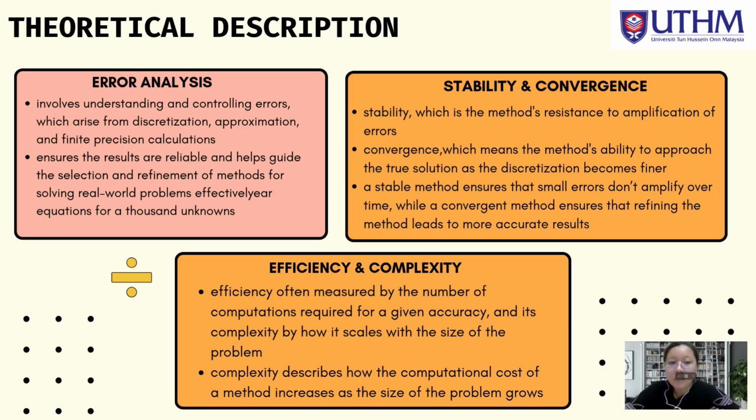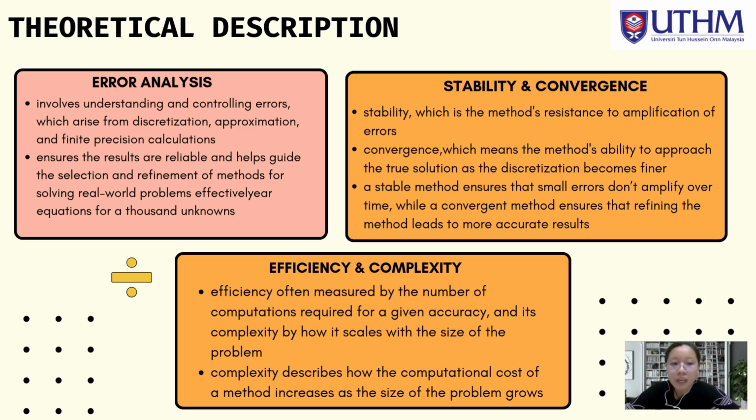The next theoretical description is stability and convergence. Key theoretical concepts include stability, which is the method's resistance to amplification of errors. Without stability, even a convergent method can produce useless results if minor errors become amplified.